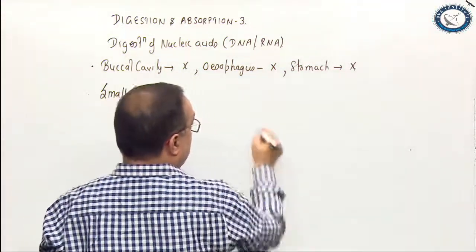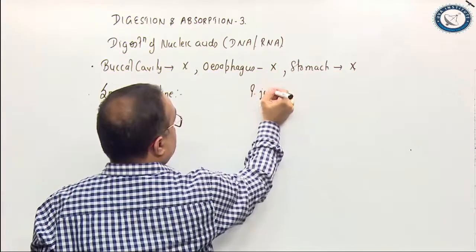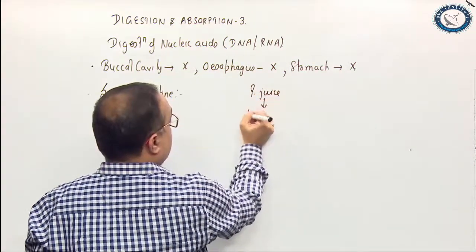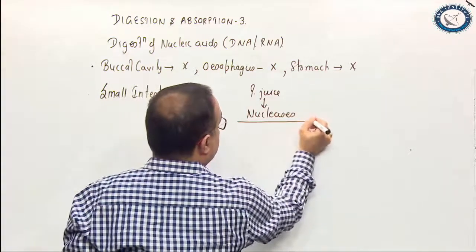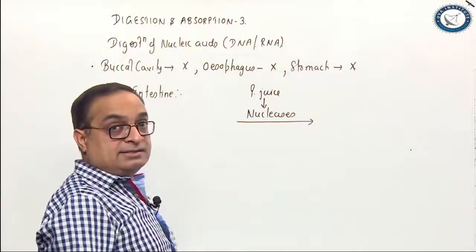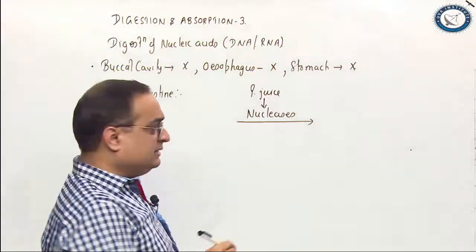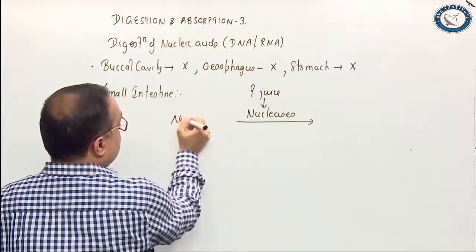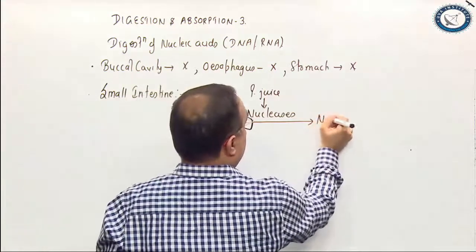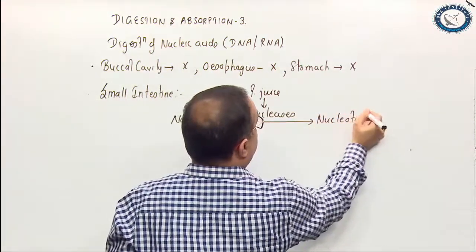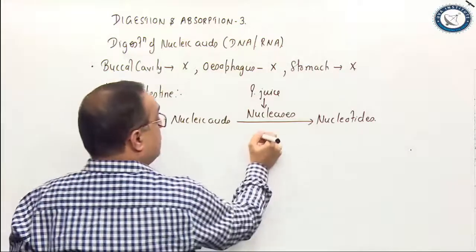What happens in the small intestine? See, the pancreatic juice, which is the richest digestive juice, has enzymes called nucleases, DNases, RNases, which will digest nucleic acids into nucleotides, right?